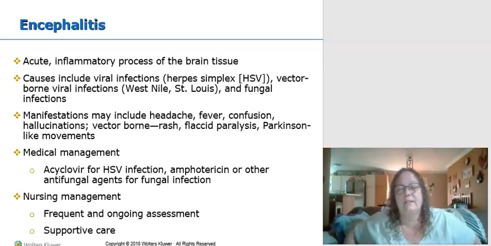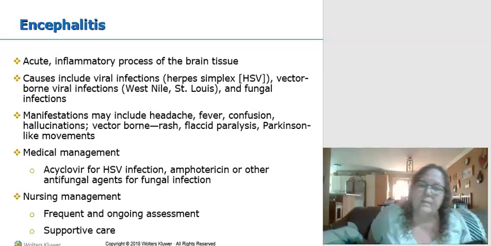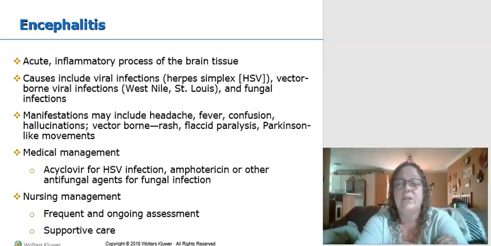So encephalitis is an acute inflammation process of the brain tissue. Causes include viral infections, so herpes simplex virus, vector-borne viral infections like West Nile virus, and less common fungal infections.